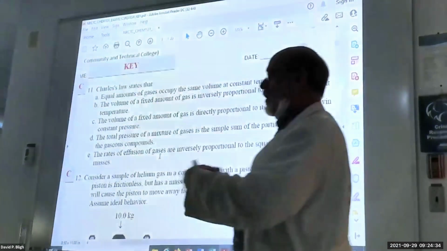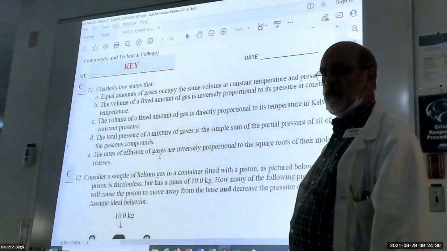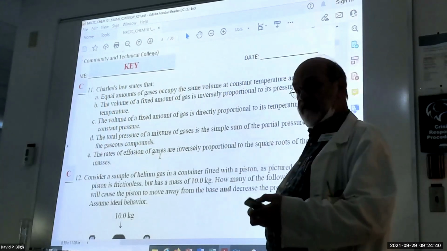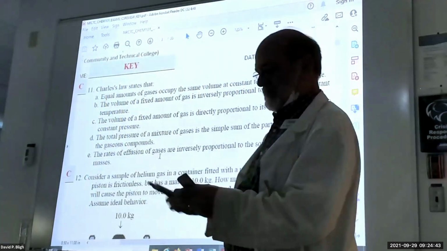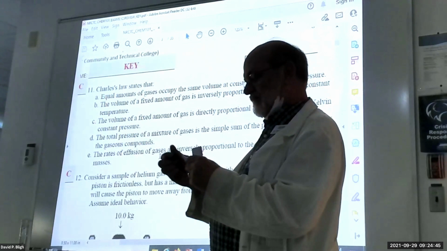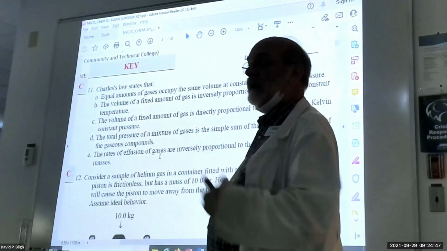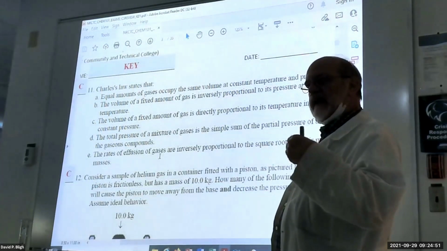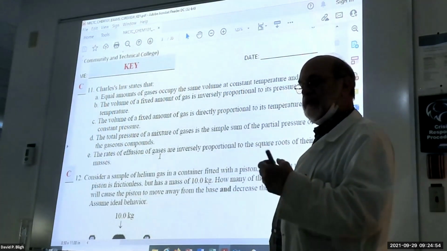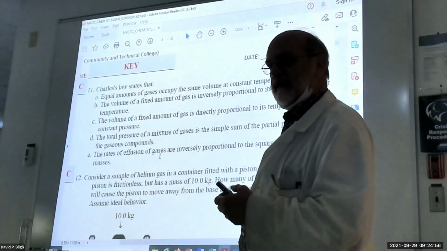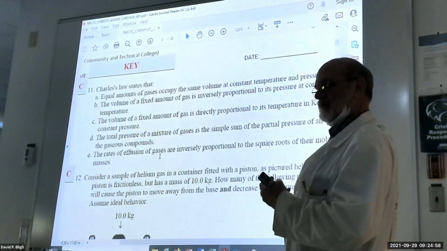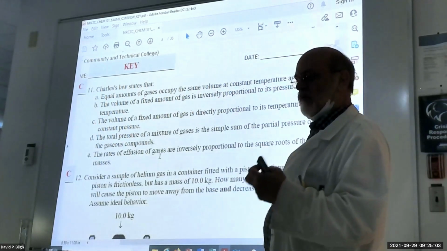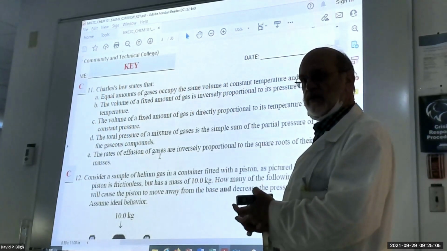Which one of the laws came first, historically? Boyle. Yeah. And the reason? Technology. They only had technology to study pressure and volume. They were beginning to get a handle on temperature, but they still hadn't quantified it. They could maintain a temperature, they knew how to do that, but they didn't have a reliable measuring system for temperature yet.